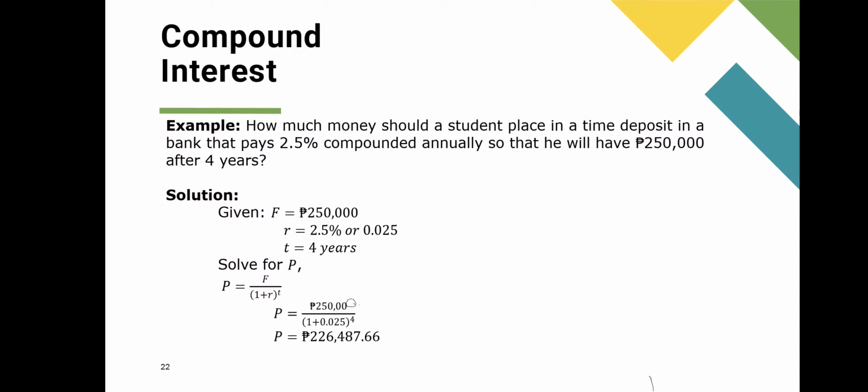That will give you 226,487 pesos and 66 centavos. So the student should deposit 226,487 pesos and 66 centavos in the bank.